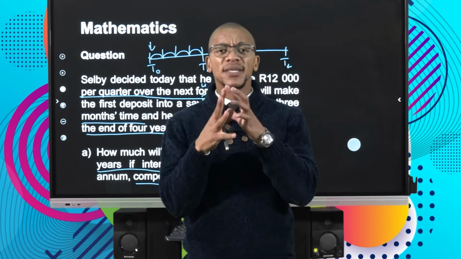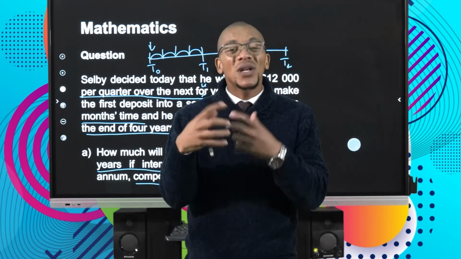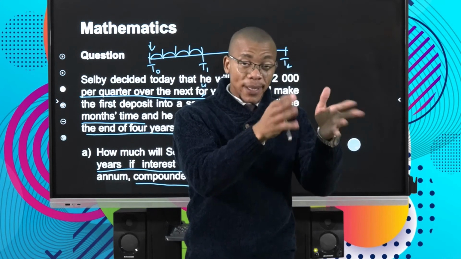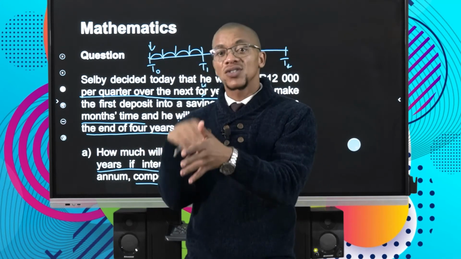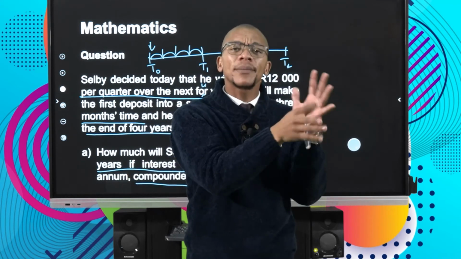That does not really make sense. Even the financial institutions themselves will not really grant something of that sort. So if it's a quarterly basis, then it's on a quarterly basis. The interest itself is charged on a quarterly basis because your payments are quarterly.